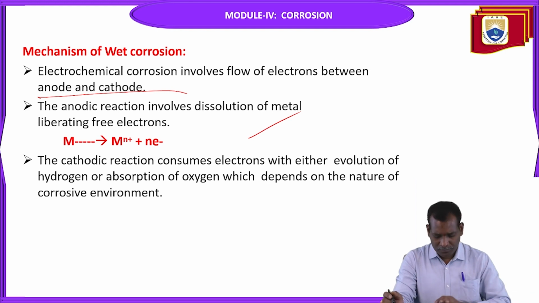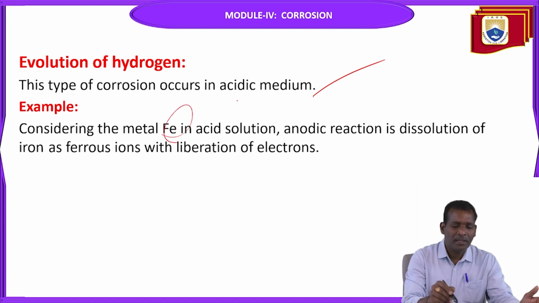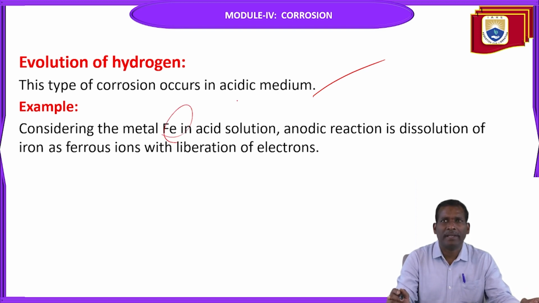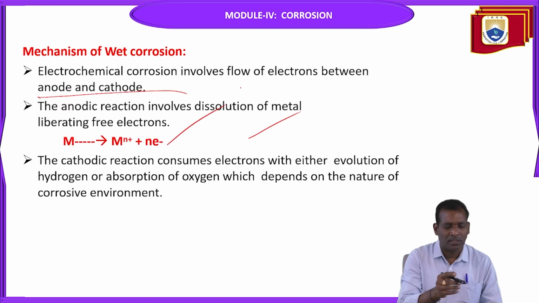Clear? Evolution of hydrogen type of corrosion occurs in acidic medium. For example, considering the metal iron, Fe, in acid solution, the anodic reaction is dissolution of iron as ferrous ions with liberation of electrons, as shown in this equation.